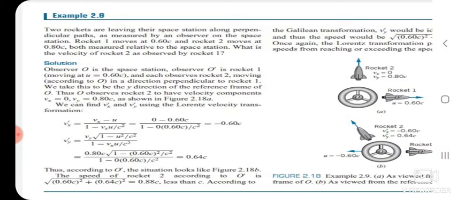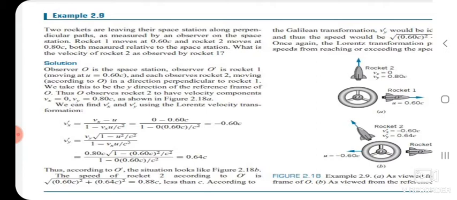The speed of rocket 2 according to O prime, which is with respect to rocket 1, is, by using Pythagoras theorem, square root of (0.6 c) square plus (0.64 c) square. If we simplify, you will get 0.88 times velocity of light, which is less than c.